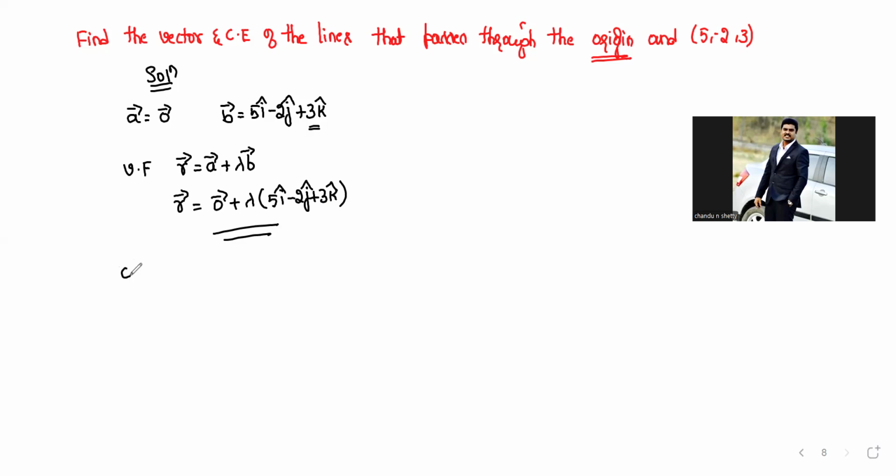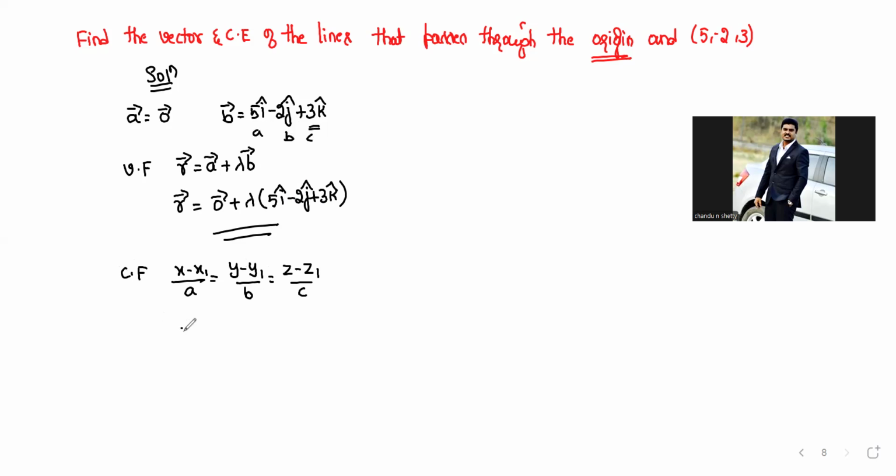Now the Cartesian form is (x minus x1) by a, (y minus y1) by b, (z minus z1) by c. Okay. So x1, y1, z1 is 0. So we have only a, b, c. This is a, b and c.